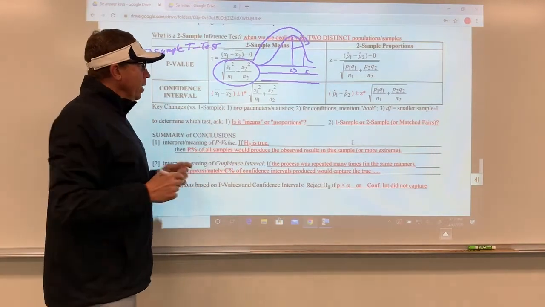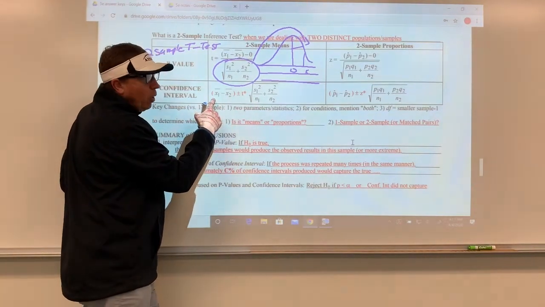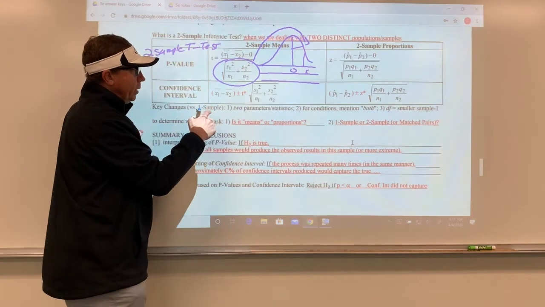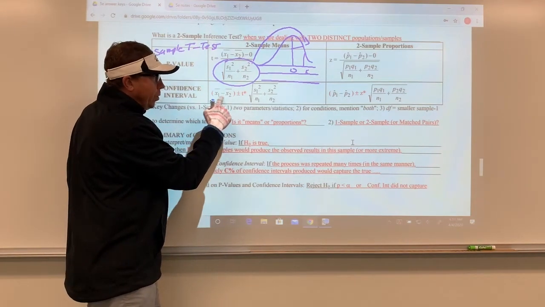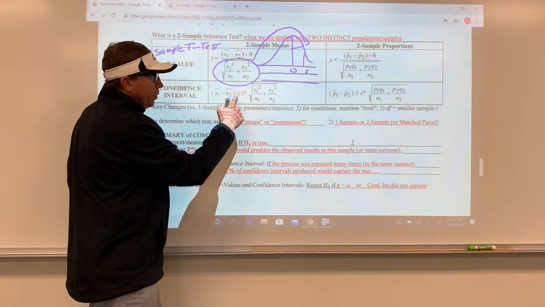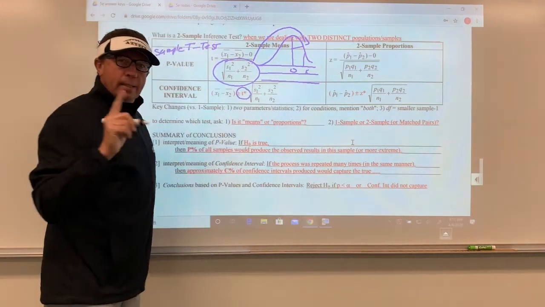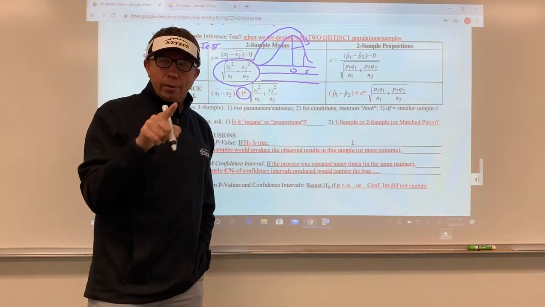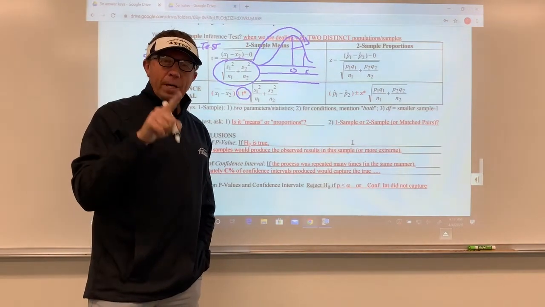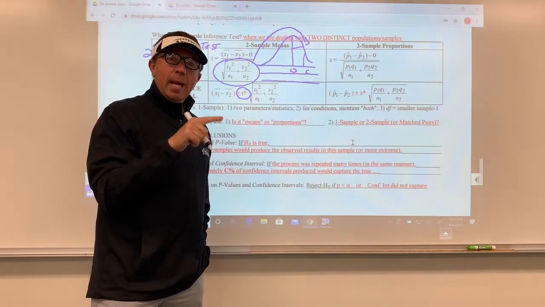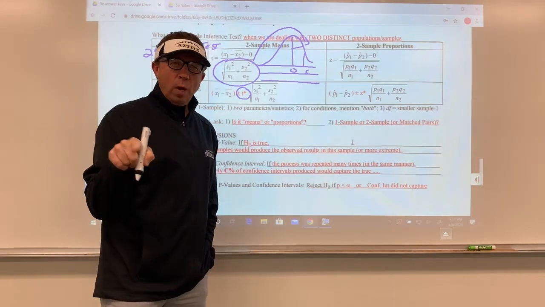And again, you need to know how to write the confidence interval out for the 2 sample tests. It's the difference between the 2 x bars plus or minus t star. Now what you use for t star is n minus 1 of the smaller sample. So if they have different sample sizes, take the smaller sample and subtract 1, okay?